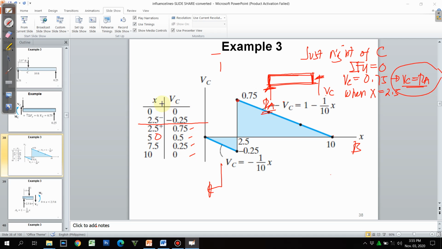And a while ago, we derived the value of the shear at C from this segment, from A to C. And then from C to B, we have also determined the values. So finally, this will be our influence line for the shear at C.